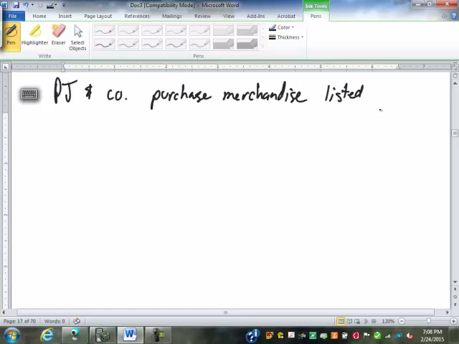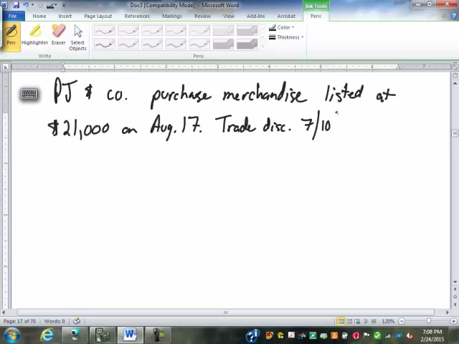PJ and Company purchases merchandise listed at $21,000 on August 17th. The trade discount is $710.4.